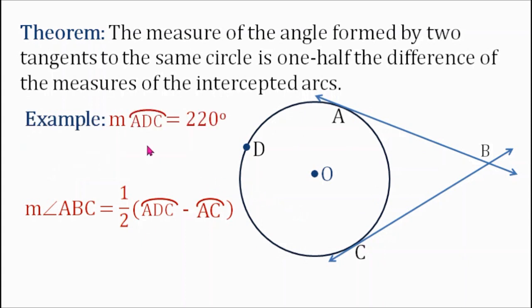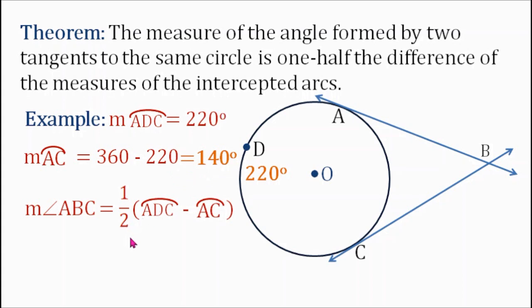For example, if the measure of arc ADC is 220, this means the measure of arc AC equals 360 minus 220, which is equal to 140.